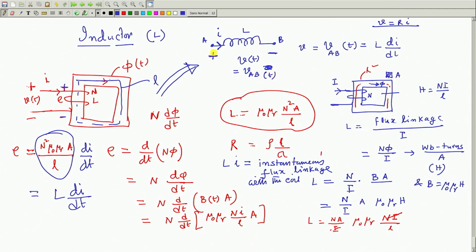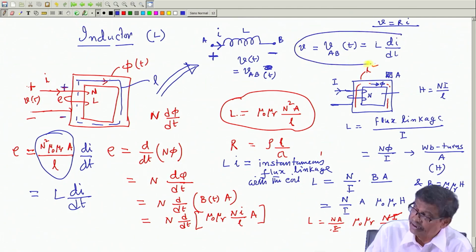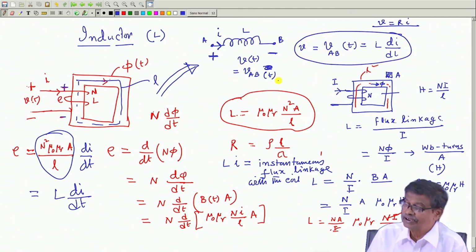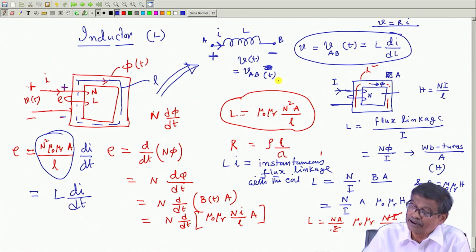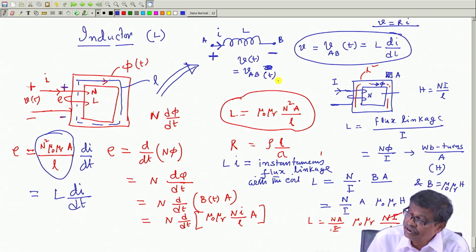V means potential of plus with respect to minus. So we find that voltage across an inductor and current flowing through it is not some constant L into I, but it is L into dI/dt, that is most important.